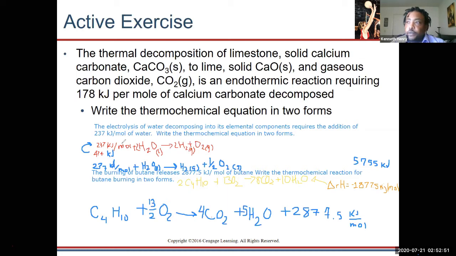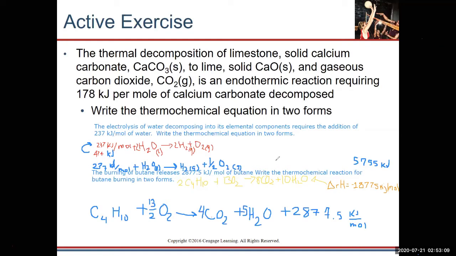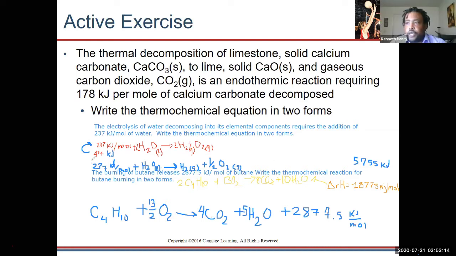The enthalpy, since it was kilojoules per mole. You understand? So it has to be this way.